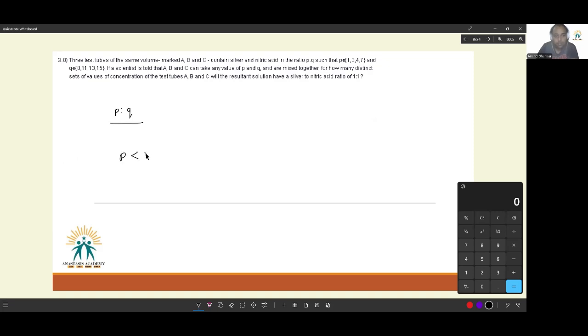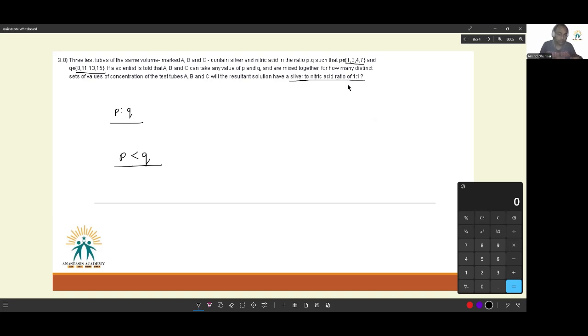P will always be less than Q. Silver is always going to be less than nitric acid in whatever ratio you take for P is to Q, because all the possible values of P are lower than all the possible values of Q. And if every solution, whether it is A or B or C, has silver lower than nitric acid, can you ever reach a point where silver to nitric acid ratio becomes 1:1?